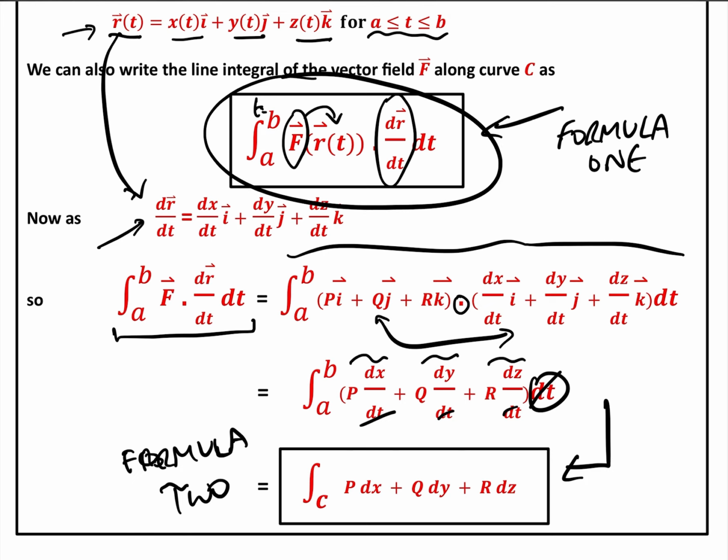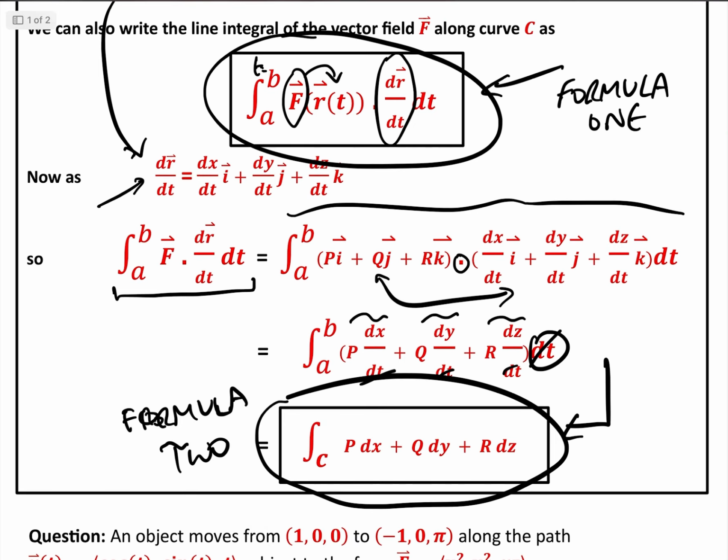Both of these ways are identical, just different ways of solving a vector line integral. So let's do the question, and we'll do it both ways. We'll do it this way first, and then we'll do it this way here.